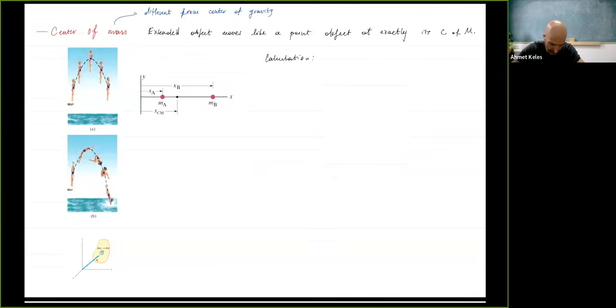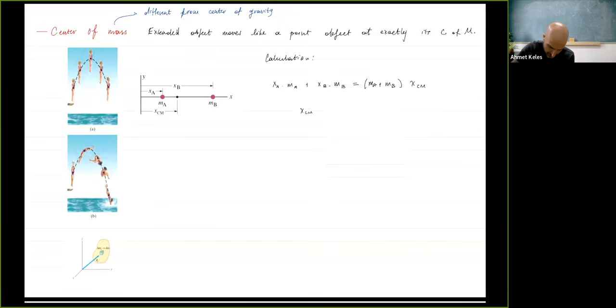The way to set it up is simple: XA times MA plus XB times MB should be equal to the total mass MA plus MB times X center of mass, which is the unknown. I can easily solve this for X center of mass.